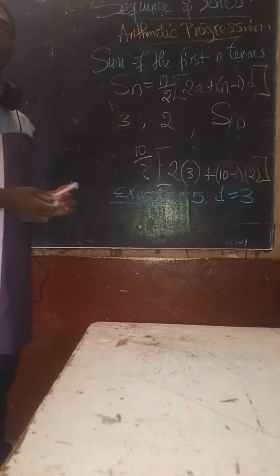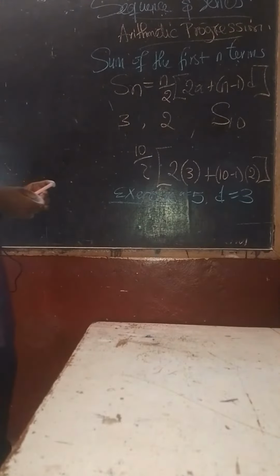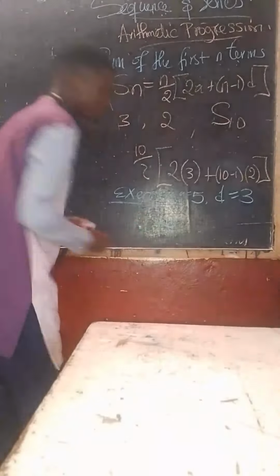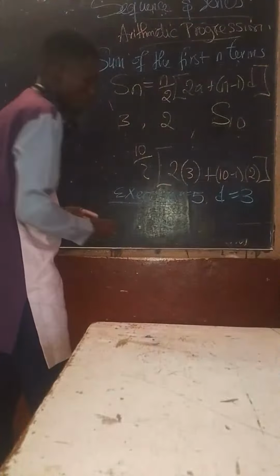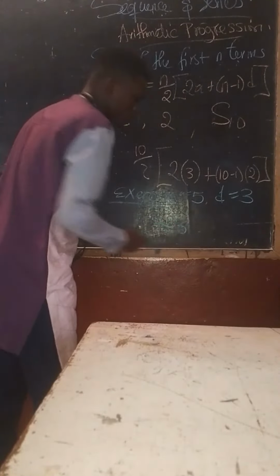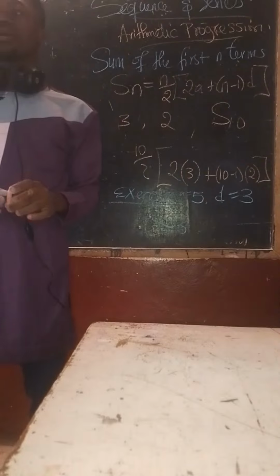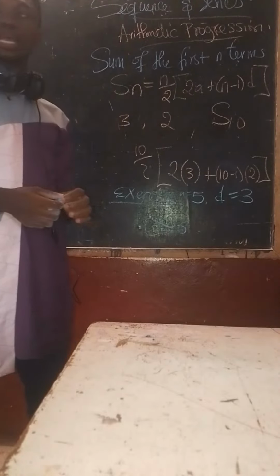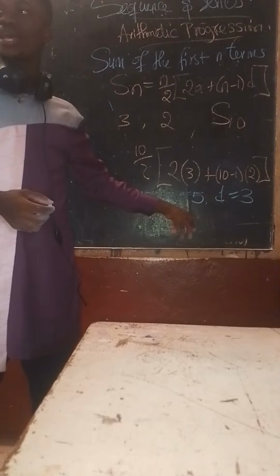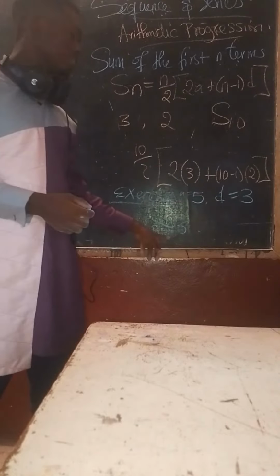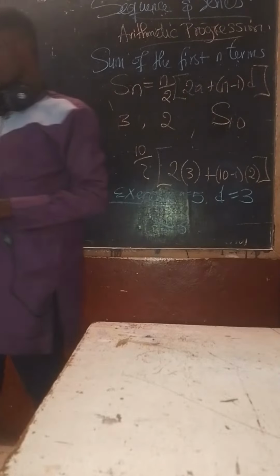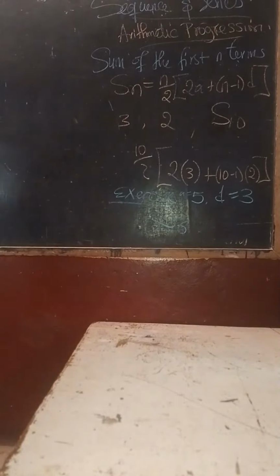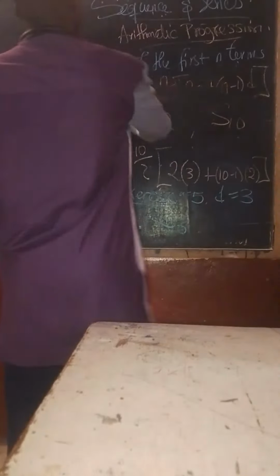Find the sum of the first 6 terms. The first term of an AP is 5, and the common difference is 3. Find the sum of the first 6 terms. So I'm doing that. Common difference, 3.